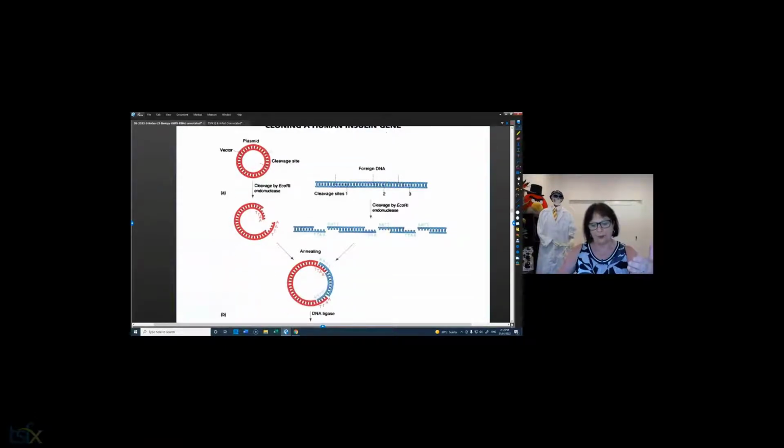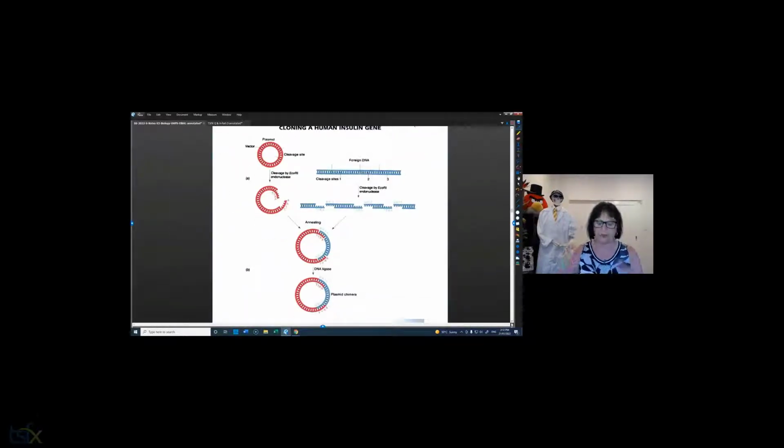Okay. So here's a flow chart of how the story goes. So start off with the right-hand side. This is our example. This is our human DNA. This is the DNA that we extracted from human cells.